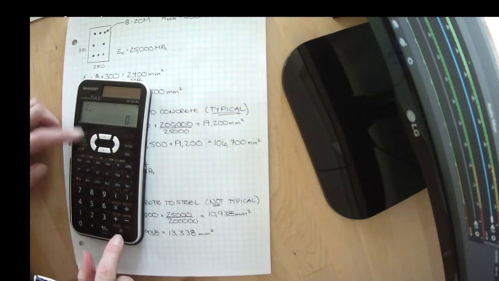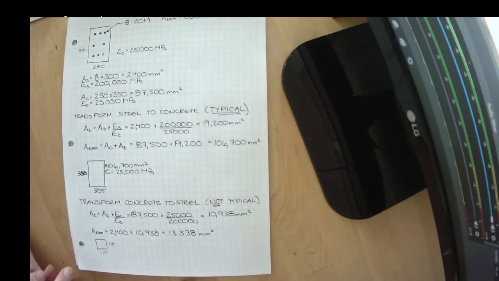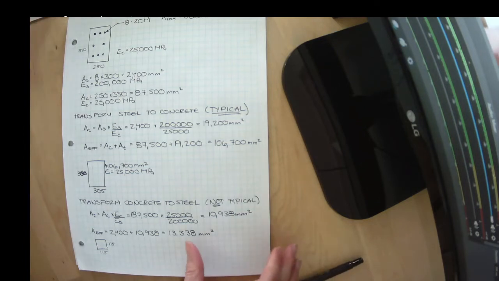So about the same as a piece of steel that was 115 by 115. So we can transform either material into the other. We could have multiple materials in this if we wanted. Remember, it's all about the total EA. So now we have the ability to transform one material into the other, allowing us to talk about two materials as if they were just one material.